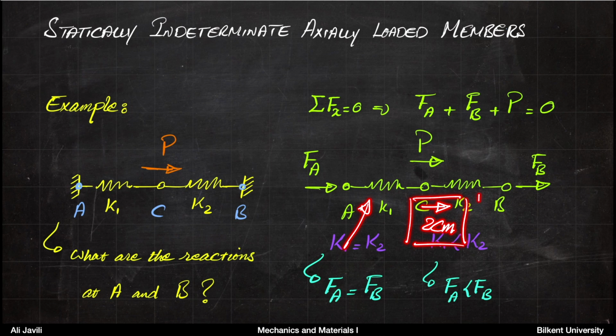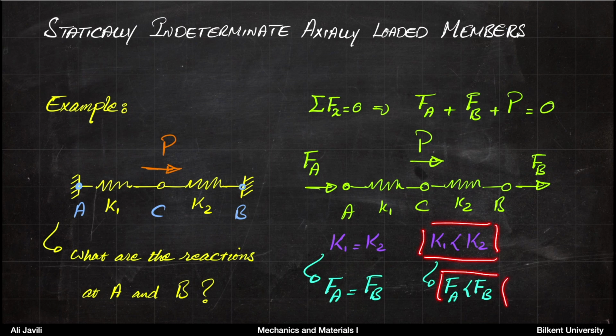And the spring on the right side would be contracted. It would be compressed by the same amount, 2 centimeters. So the two springs have exactly the same displacement. Now, for the same displacement, if you know K1 is smaller than K2, then you can imagine the force that you get at A would also be smaller than the force that you get at B. So K1 smaller than K2 would result in a force A smaller than a force B.